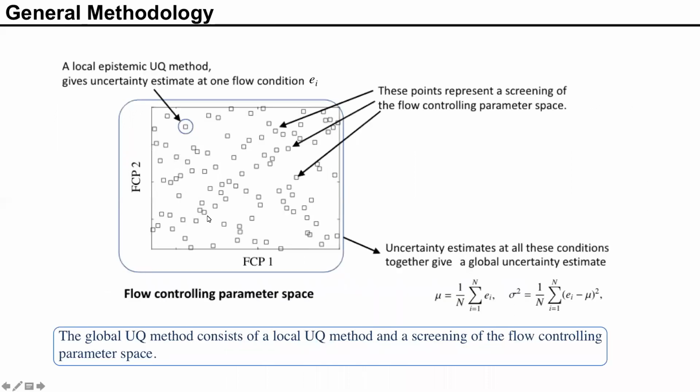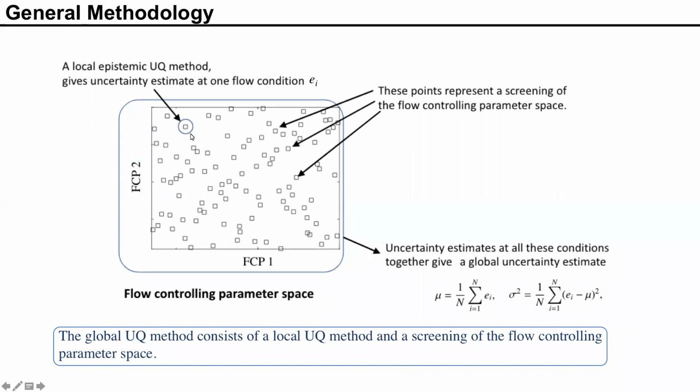So let us take a look at a flow space. Flow space can typically be decomposed into different flow controlling parameter spaces. So let's take a look at flow controlling parameters. Consider, for example, stratified shear layer. The first flow controlling parameter could be the Reynolds number. The second flow controlling parameter could be the Richardson number. And those two flow controlling parameters give rise to a flow space.